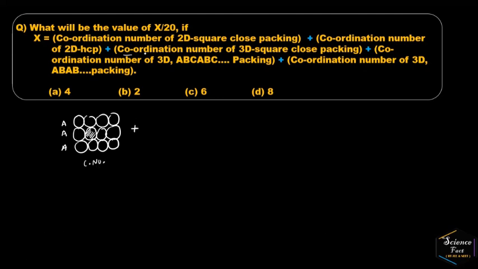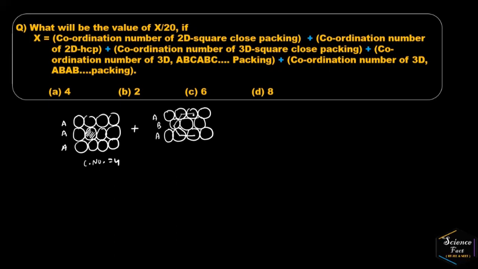In the second case, it is given the coordination number of 2D HCP lattice. In HCP lattice, rows are arranged in ABAB type. That is stacking of rows in ABAB type, that will form the HCP lattice in 2D.